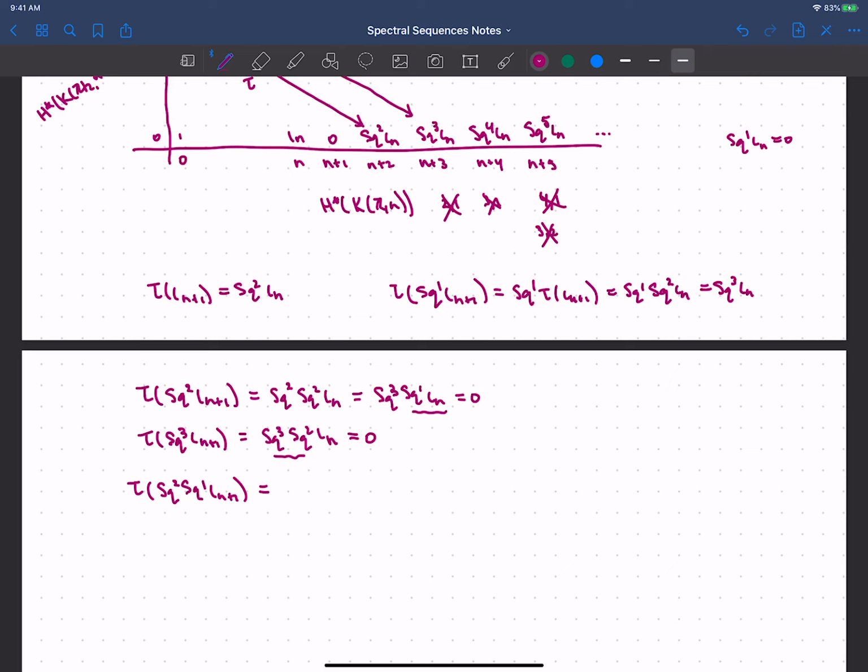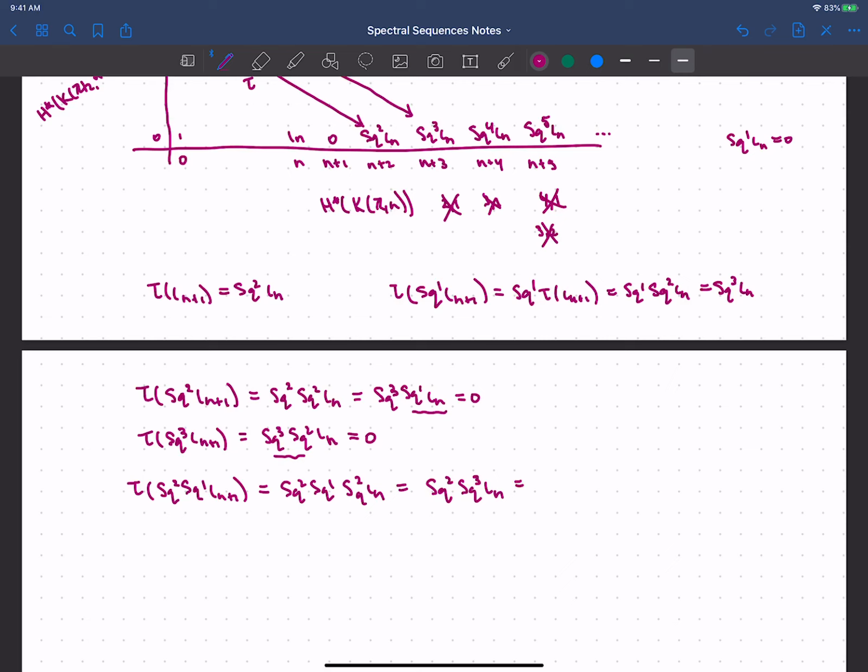So again, the Steenrod squares come out, so that's Sq2 Sq1, and now Sq2 on iota n. And now that doesn't look like an admissible sequence, so I want to do some Adem relations, right? Sq1 Sq2 is Sq3. So that's Sq2 Sq3 iota n.